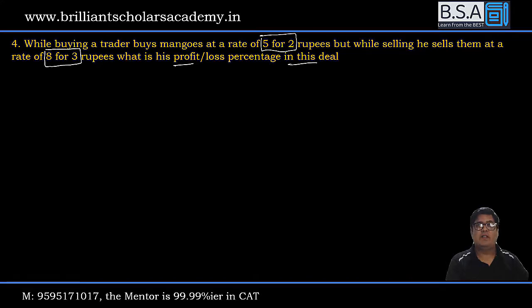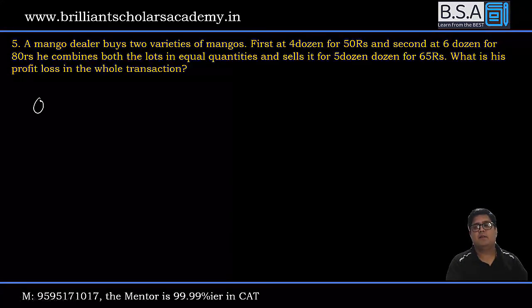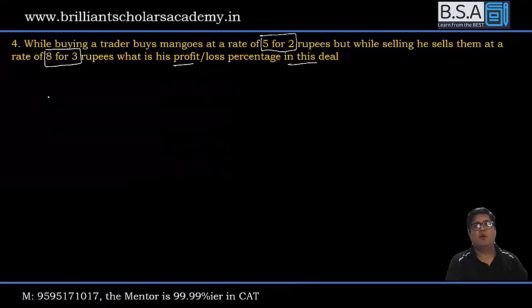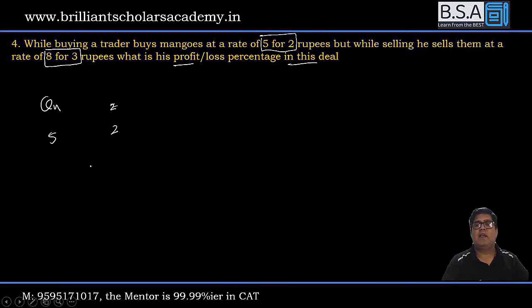You focus here: the quantity while purchasing is 5 and the amount is 2 rupees. This represents the cost factor. While selling, the quantity is 8 for 3 rupees. So this represents the selling price factor.